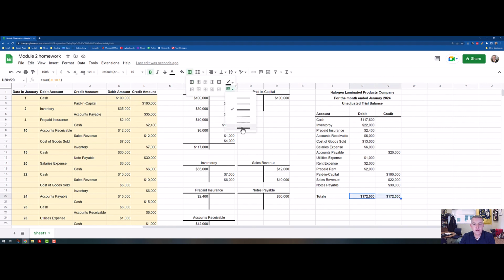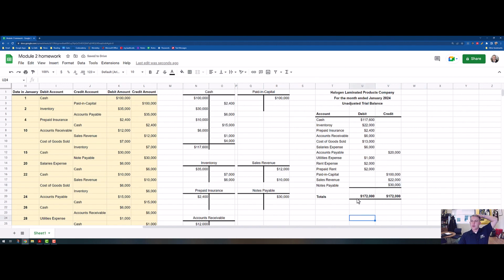Let's see, I want the double border. Alright, so where'd the double border go? Oh, I want this guy. Alright, there we go. And then we'll put a single border here. Oh, nope, not that. Put this guy. Alright, there we go. Alright, so there is our unadjusted trial balance.